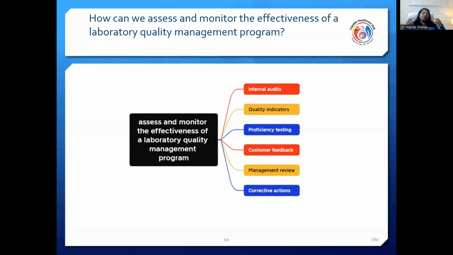If you master that, the effectiveness of the program is super. So these are the methods by which we can assess the effectiveness of the laboratory quality management program. Each one of them is very, very important, and so is the way we go about it.